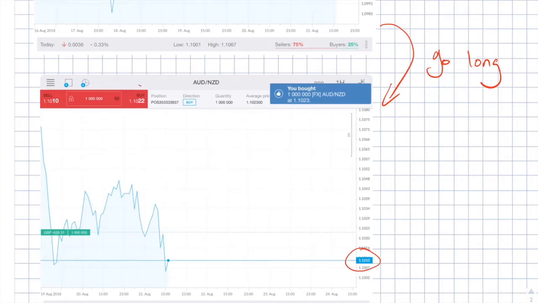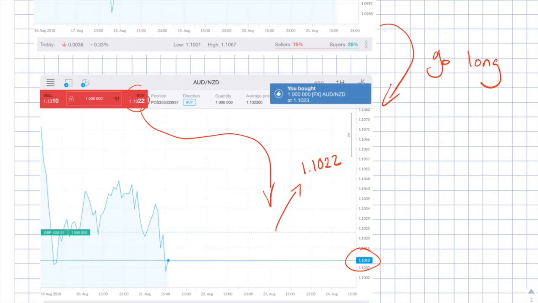That's the actual rate. But when I buy, I don't buy from the actual rate. I buy from a higher value. So as you can see, the actual rate is 1.1010. But when I buy, I'm buying from 1.1022. So what does this mean?